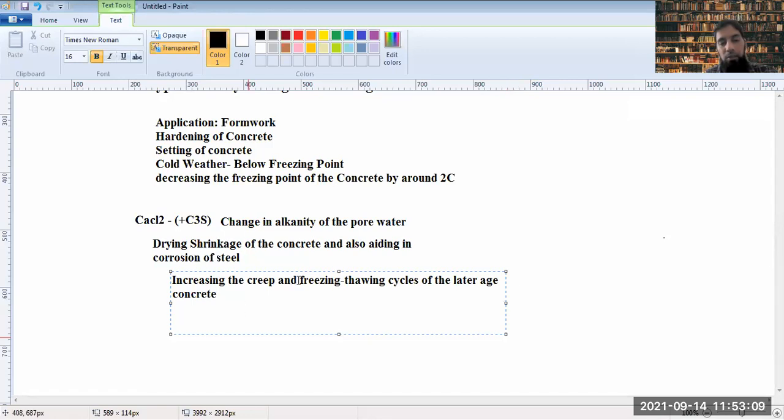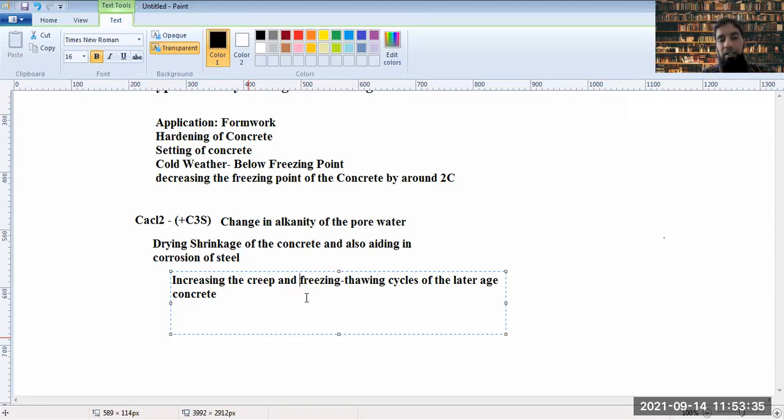During the freezing thawing cycles, it increases the creep first of all, which is the age related phenomenon of deflection of concrete. So creep is a strain that happens due to fatigue, due to aging. So it increases that process once you are using calcium chloride as an admixture, as an accelerator.